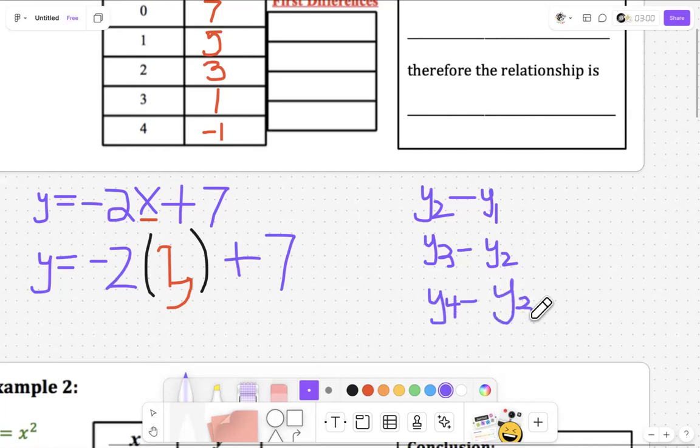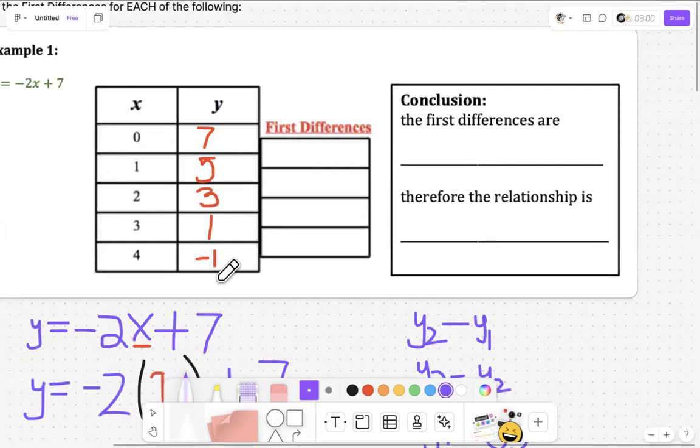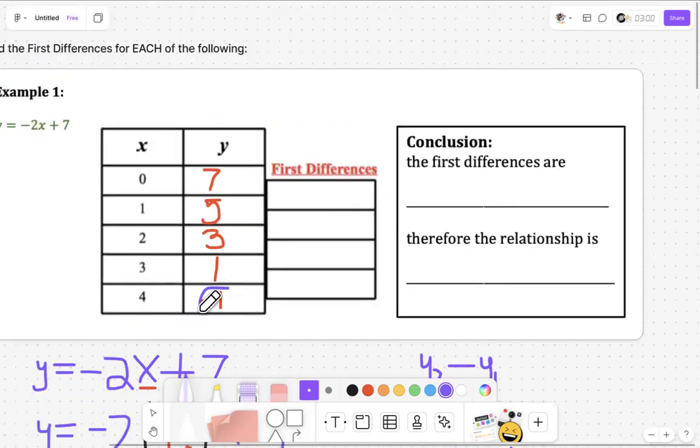We actually start from the lowest y value and we subtract like this. So what y2 minus y1 means is you take your second y value and subtract the one before it.